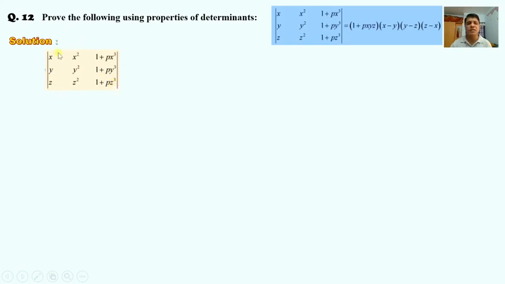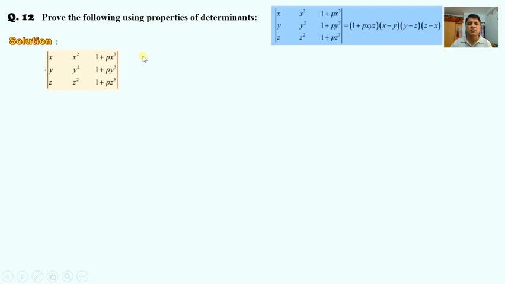So this whole determinant can be divided into two determinants: x, y, z, x square, y square, z square, 1, 1, 1, and then plus x, y, z, x square, y square, z square, and then px cube, py cube, pz cube. That can also be done.